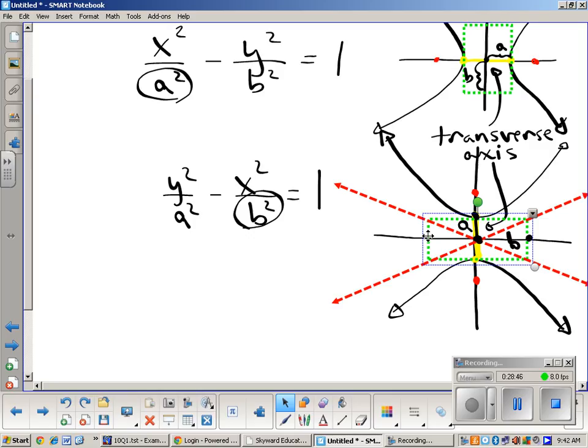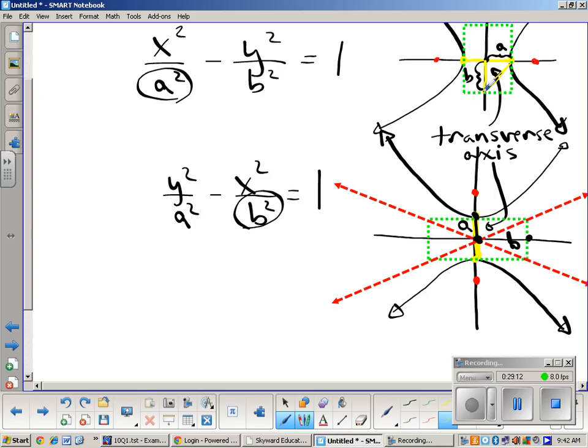Okay? Now there's one variable we've not talked about yet. What is it? C. Okay? C, if I drew this in, let me do it in a different color. If I drew this in here, I would have a little right triangle there, wouldn't I?